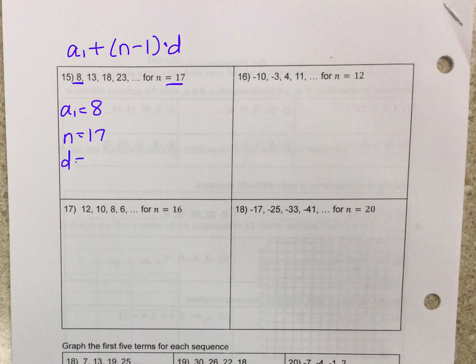And my d, my common difference, 8 plus 5, so it's a positive 5. So 8 plus 17 minus 1 times 5. Type that straight in your calculator, and you will get an 88.